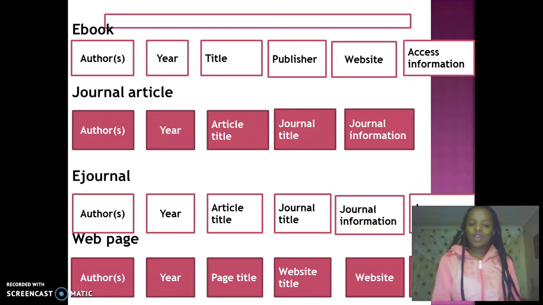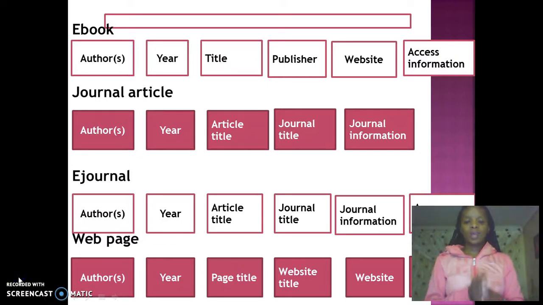So you write the Department of Social Development as the author, the year in which the document on the web page was published, the title of the page, the website title, the website itself, the whole string, http www, that you included, and the access information, the day you accessed that web page to get that information.